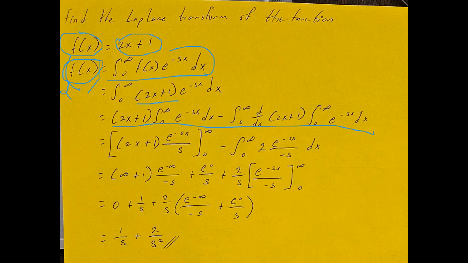Hold on, I'm trying to understand what you're doing here. Your variables are in x, right? There's a 2x plus 1 times e to the negative sx dx, right? For this line, then you pull out 2x plus 1 from the integration sign.